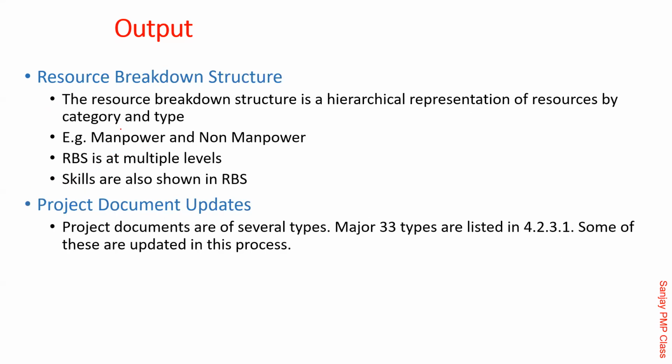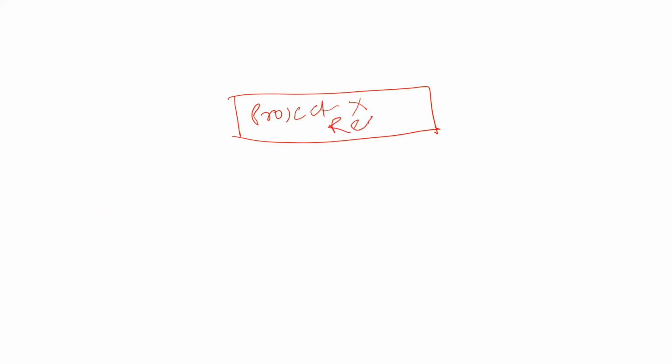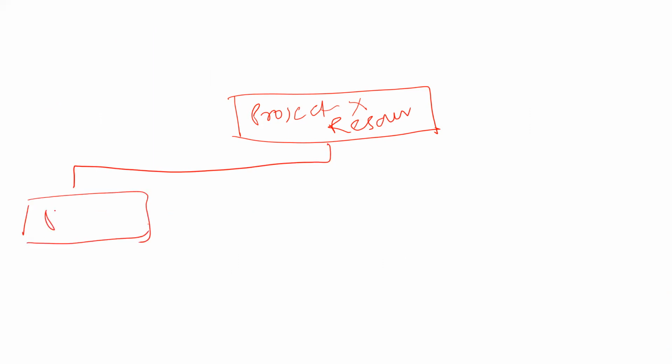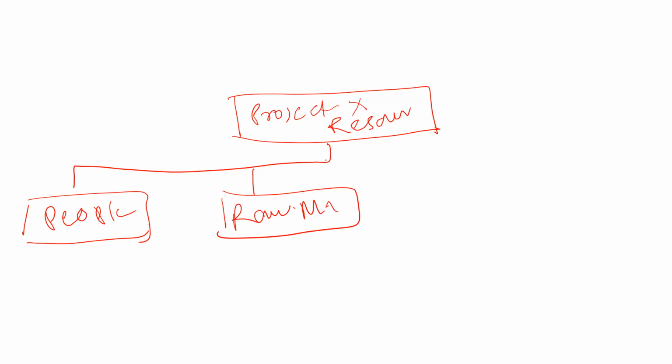A new output called the resource breakdown structure. The resource breakdown structure is like an organization chart. At the top of it will be called Project X resources. Now here you might have something called people resources, you might have raw material, and you might have tools.